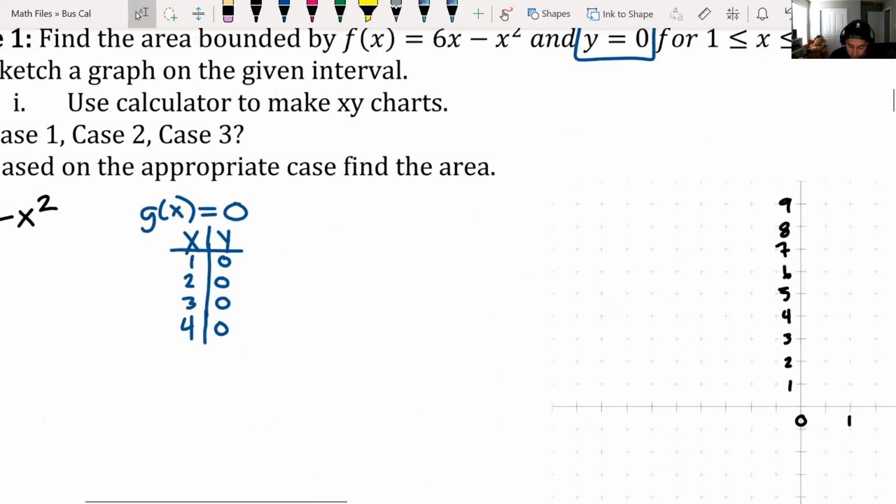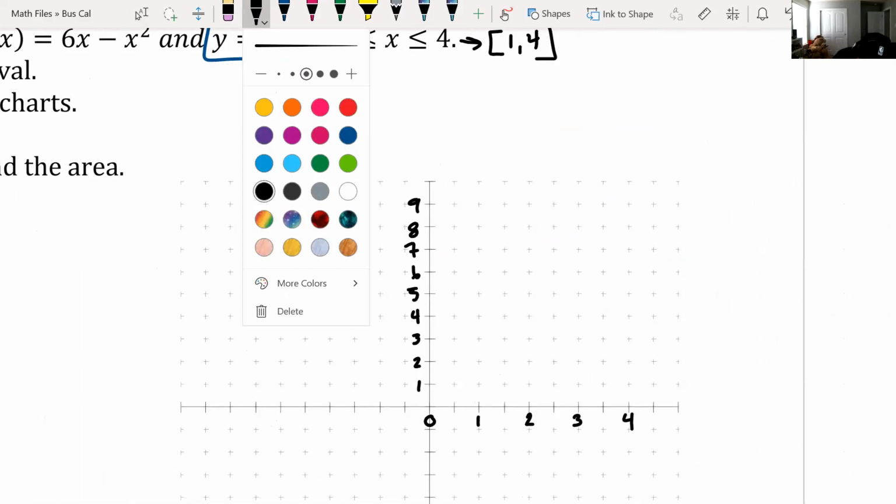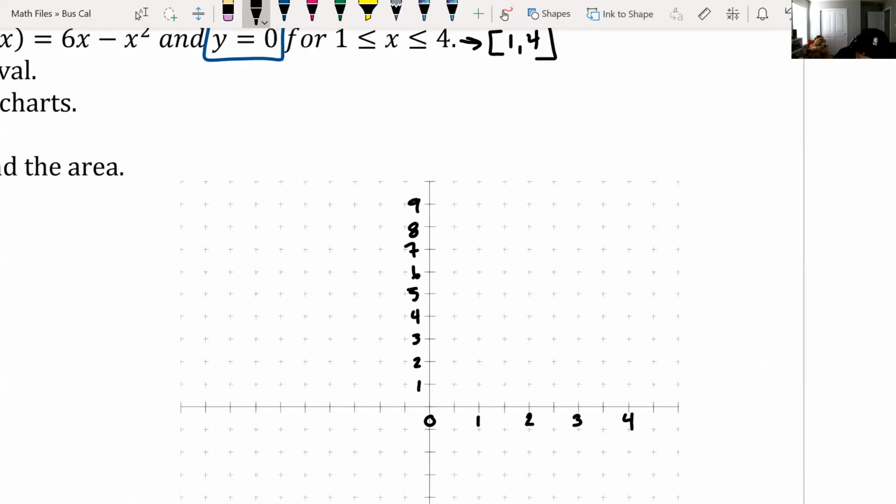Sorry. 1, 5, 2, 8, 3, 9, 4, 8. There we go. This is f of x.